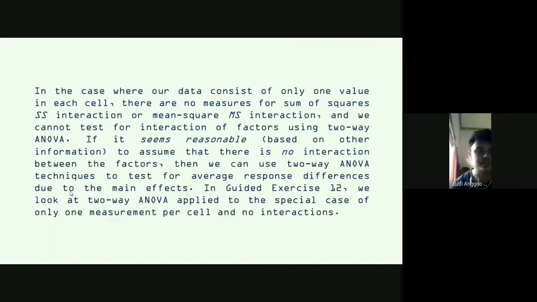If it seems reasonable based on other information to assume that there is no interaction between factors, then we can use two-way ANOVA techniques to test for average response differences in the main effects. In Guided Exercise 12, we look at two-way ANOVA applied to the special case of only one measurement per cell and no interaction.